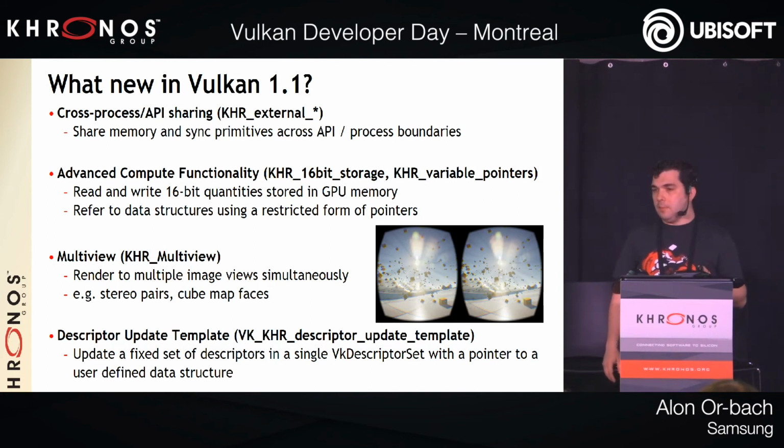We're really moving ahead with advanced compute functionality, so being able to read and write 16-bit quantities in GPU memory is one of the key features we've exposed. And then the other area in terms of pushing ahead on VR is multiview. Multiview is being able to avoid having redundant geometry where possible. Having stereo pairs and cube map faces is now a core feature in Vulkan 1.1.